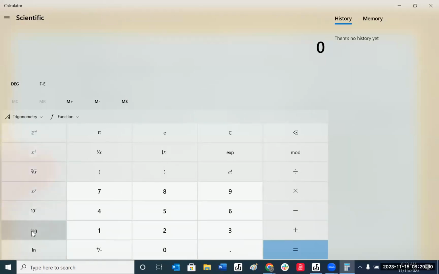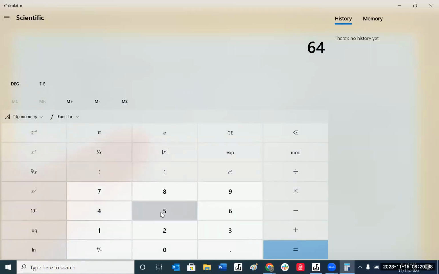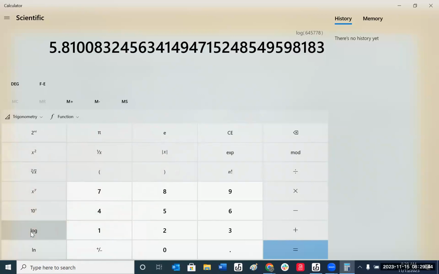So the first one says find the log. I enter 6, and this one I want, and take the log of that, and there you have it. So this answer is 5.81008.